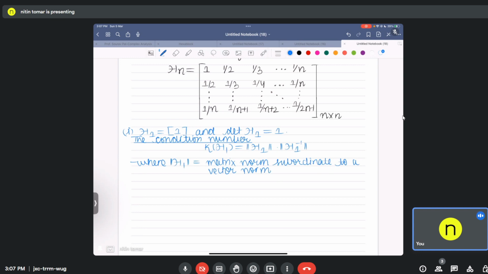So in our case, we will consider the matrix norm, please stop me if you have any doubt, okay?